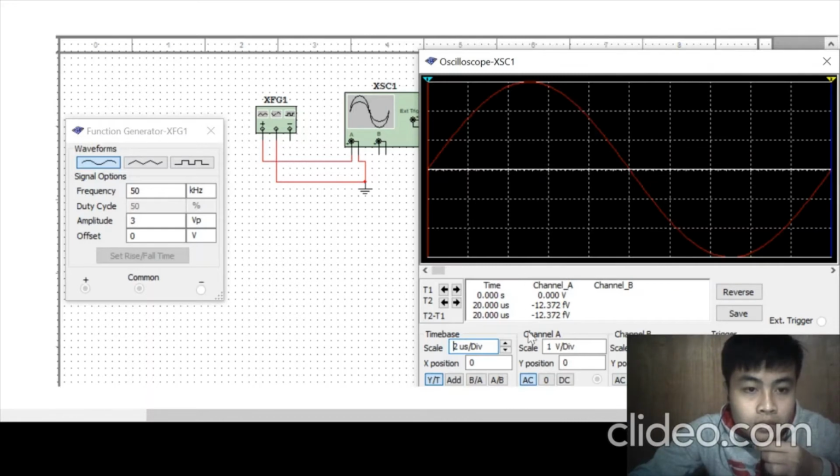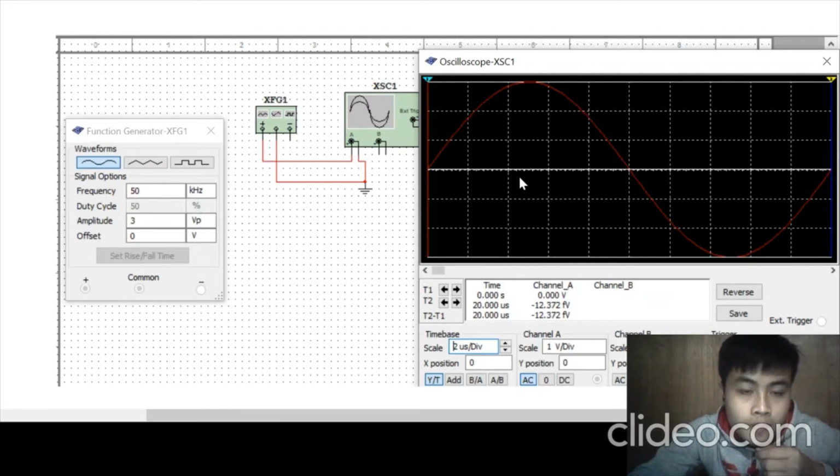On the y-axis we have 3 boxes, so 3 divisions, and one division is 1 volt. So we have 3 volts, which is our amplitude. We already said that the amplitude is 3 volt peak, so it shows us an amplitude of 3 volts.